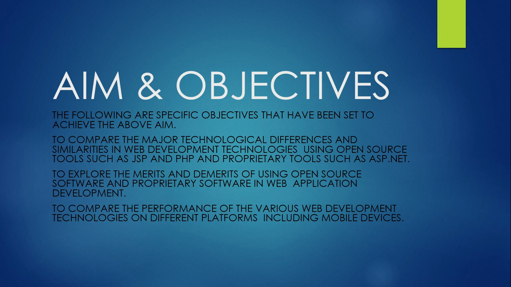The second aim is to explore the merits and demerits of using open source software and proprietary software in web application development. And the last aim is to compare the performance of the various web development technologies on different platforms, including mobile devices.